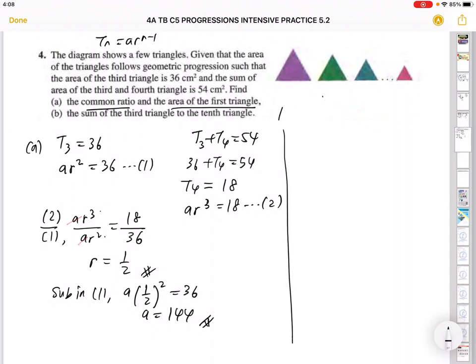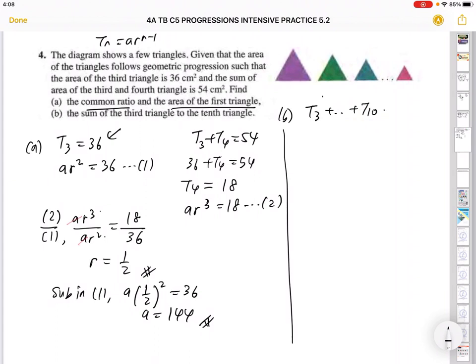To find the sum of the third triangle to the 10th triangle, there are actually two ways of looking at it. Since I already know the value of the third triangle, which is 36, and we want to find from the third to the 10th, how many terms do you have?